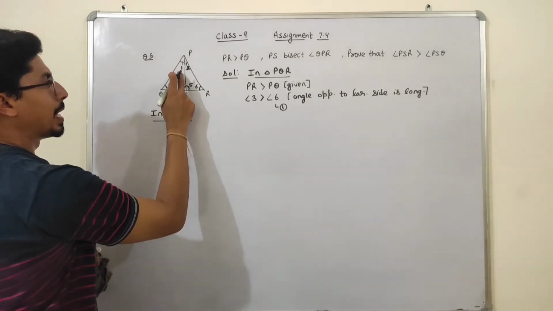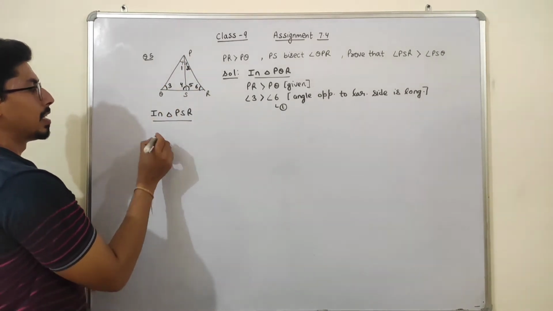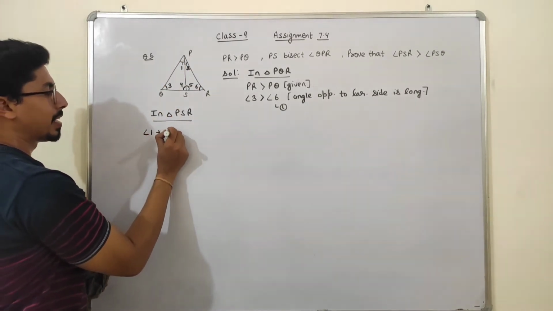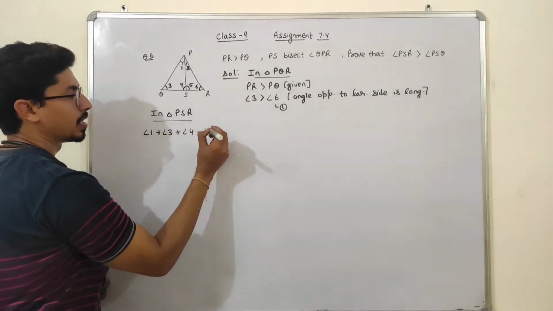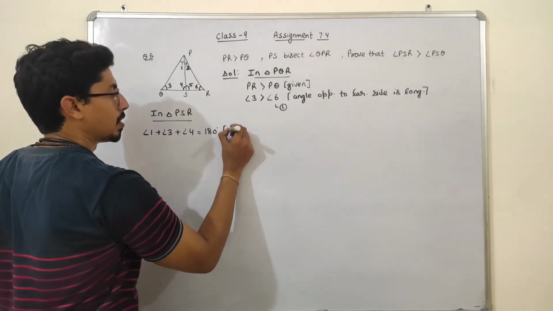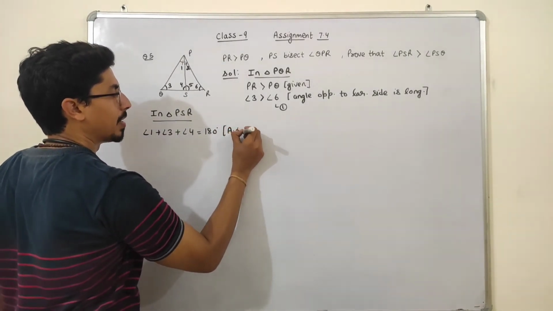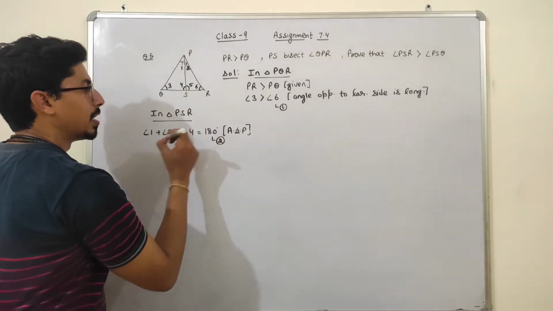In triangle PSR, angle 1 plus angle 3 plus angle 4 is equal to 180 degrees because of the angle sum property of a triangle. Name this as equation number 2.